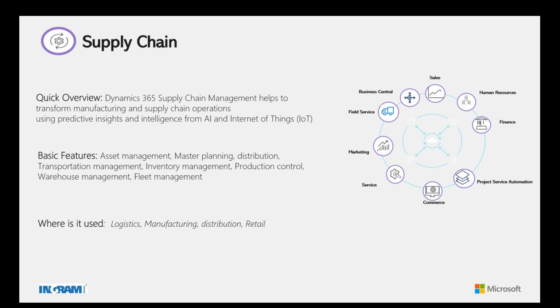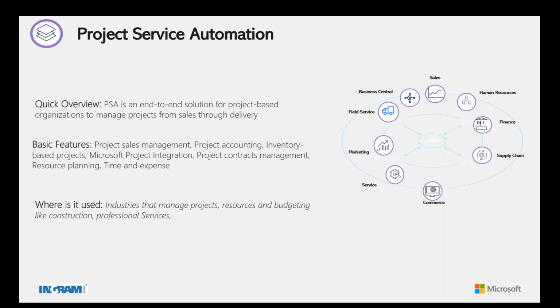And moving on, our next app is Project Service Automation. Again, it's also called PSA. It helps your organization efficiently track, manage, and deliver project-based services all the way from the initial sale to invoicing.